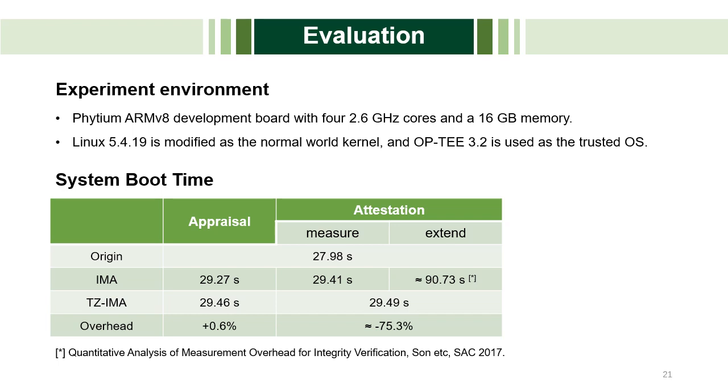For the attestation scenario, TZ-IMA booting takes 29.49 seconds. In comparison, the time of TPM PCR extension is much longer. A previous study shows that TPM 1.2 takes approximately 27 milliseconds to perform PCR extension per file.